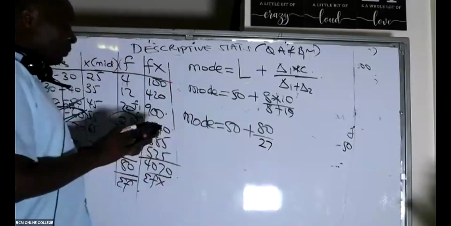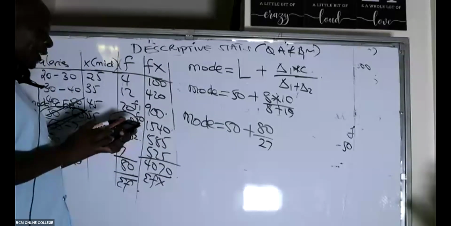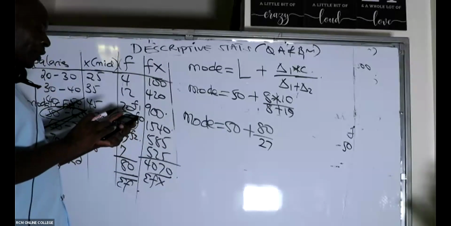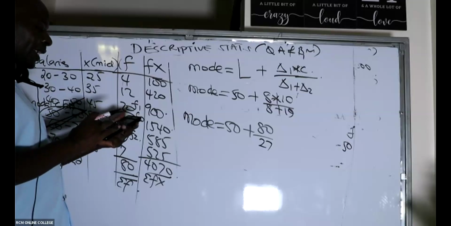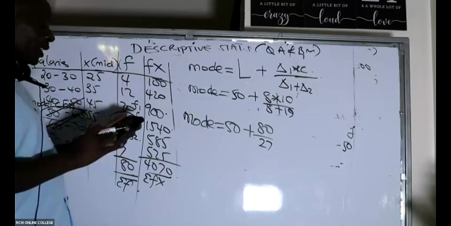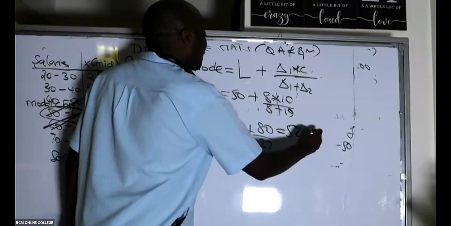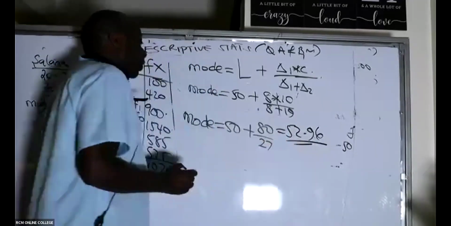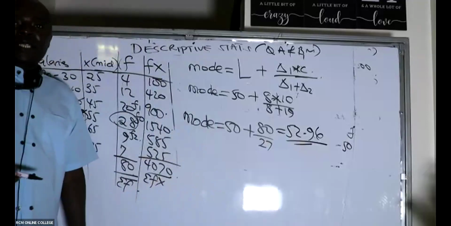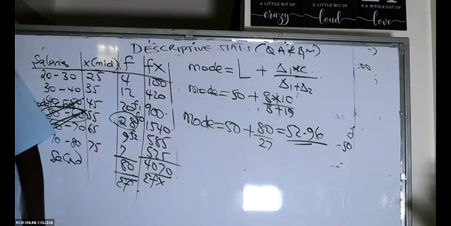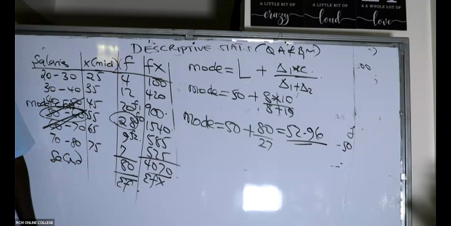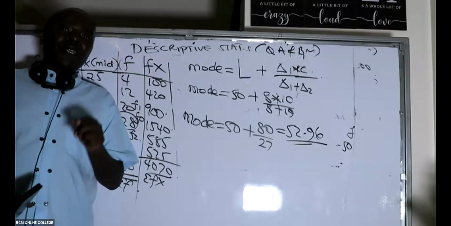So I'll be able to talk of 50 plus 80 divided by 27, which gives me 52.96. So the correct answer for the mode here is 52.96.